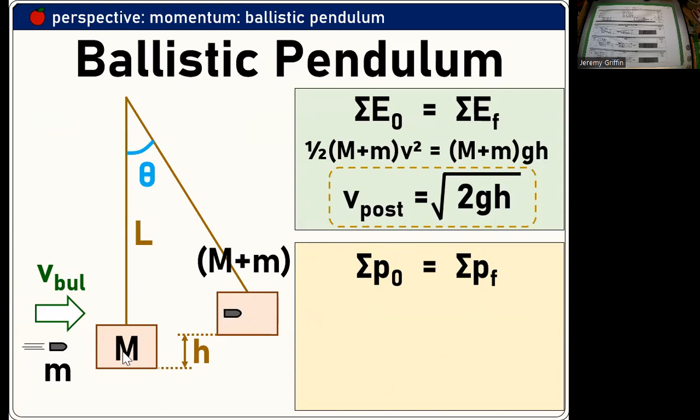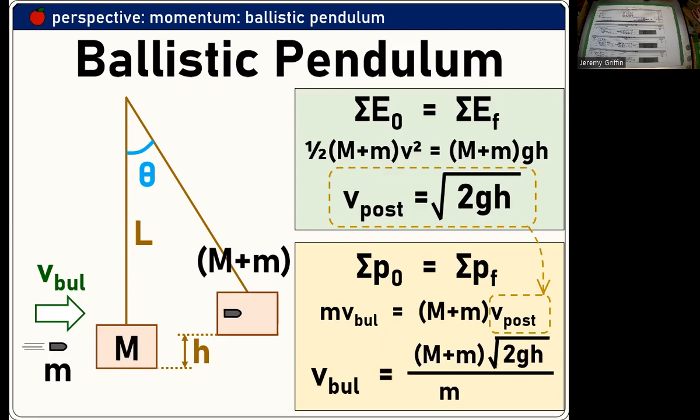And you say, well, what happened before that led up to that point? Well, there was a collision between the bullet and the block. So there's your conservation of momentum, because there's a collision involved. It's perfectly inelastic. Do the substitution right there. And there you go. There's the firing speed of the bullet. And it's always that right there. Here's your answer. As long as the bullet embeds in the block.